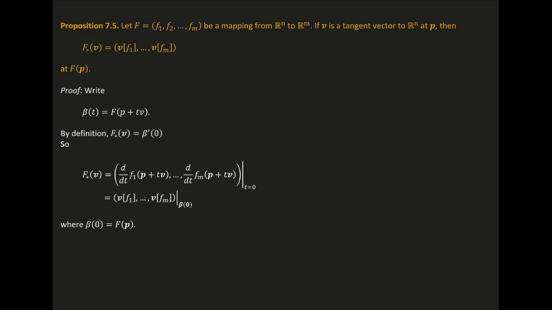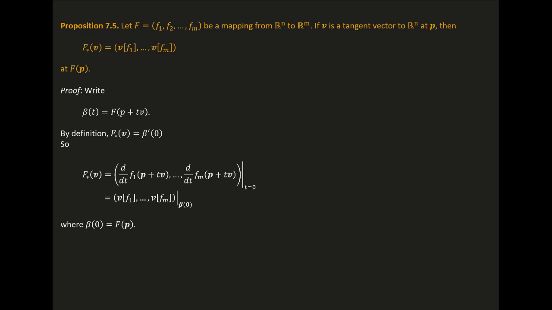We may write the tangent map as being the curve where the components are the derivatives of the Euclidean coordinate functions of f evaluated at t equals 0.